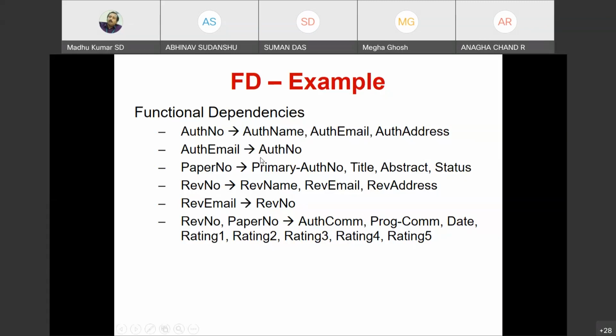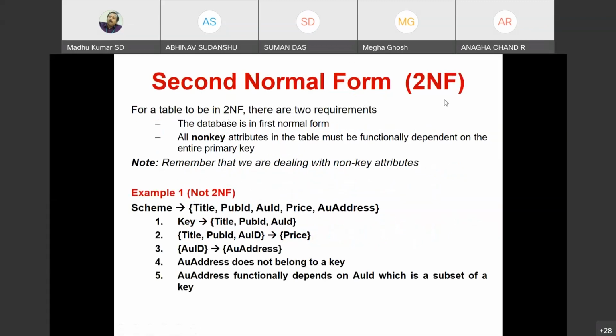All right. So we have seen that in second normal form. The condition for a relation to be in second normal form is, first of all, the table should be in first normal form, and all non-key attributes in the table must be functionally dependent on the entire primary key.